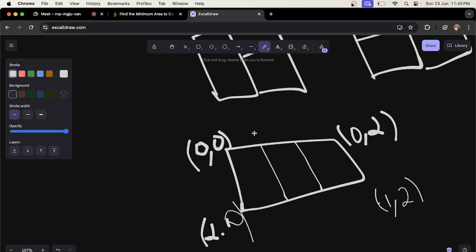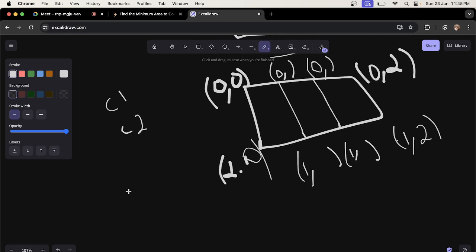We already know that the row for this will be 0, and we need to figure out the column. Similarly, the row for this will be 0, we need to figure out the column. This one will be 1, we need to figure out the column. If we figure out the column of the top two, the bottom two will be the same. So there are two variables, column 1 and column 2, and we can simply run a for loop.